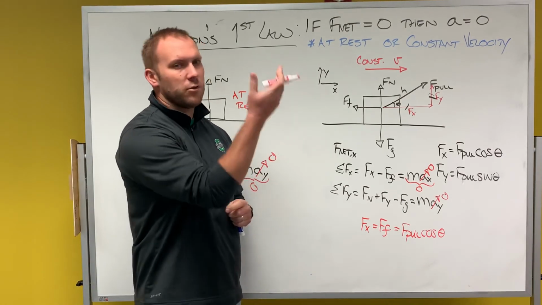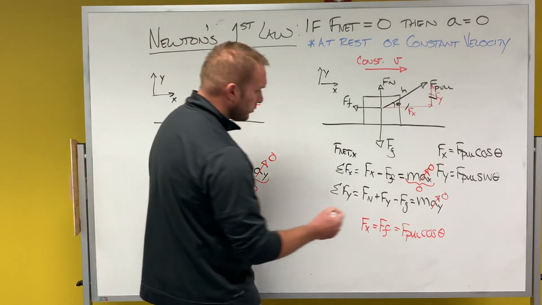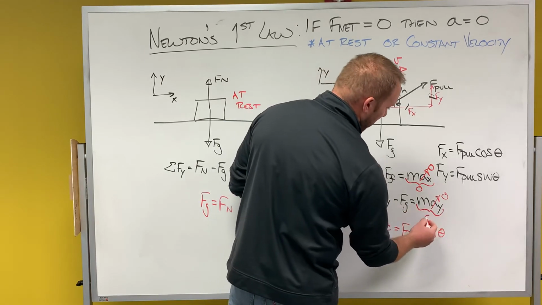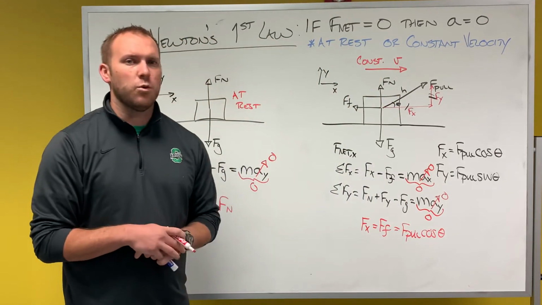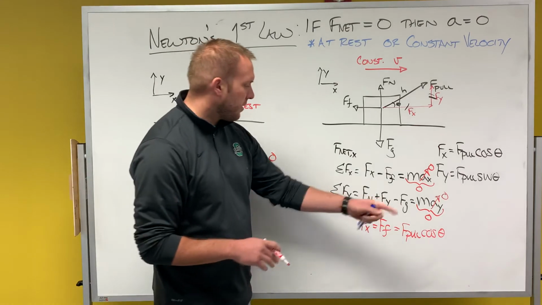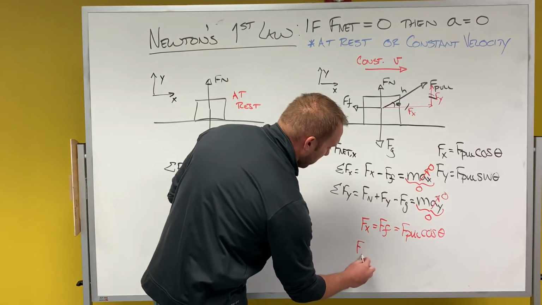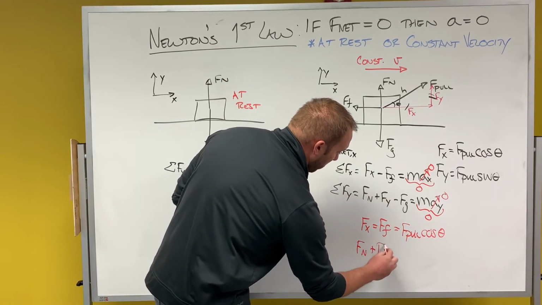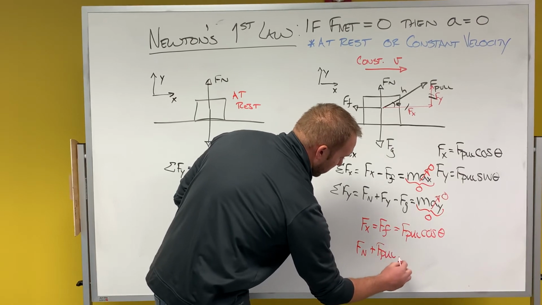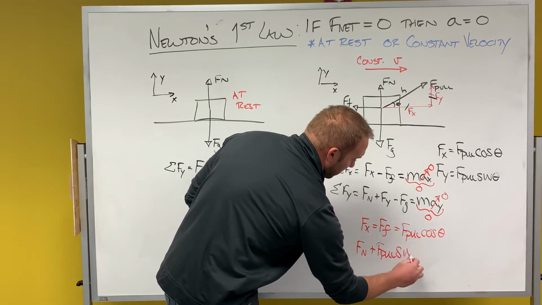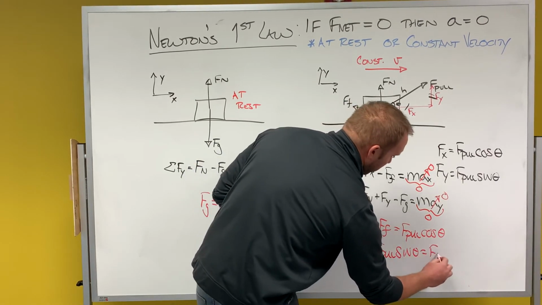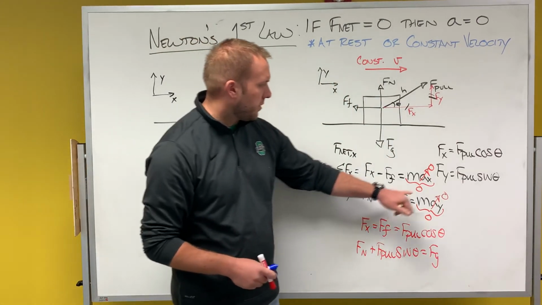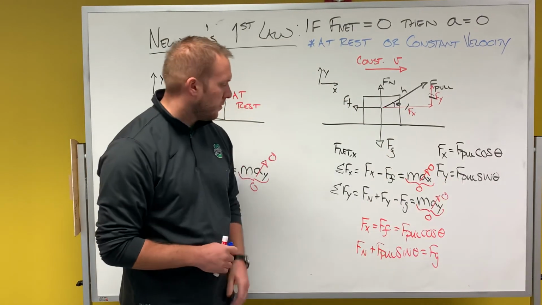It's not accelerating upwards or downwards. So again, my entire right side of the equation is 0. Then I could write that the normal force plus the pull force times sine theta equals my gravitational force. So I just plugged in for my force of y.